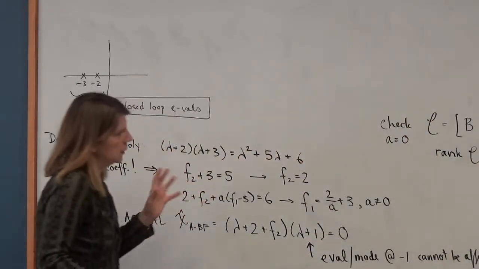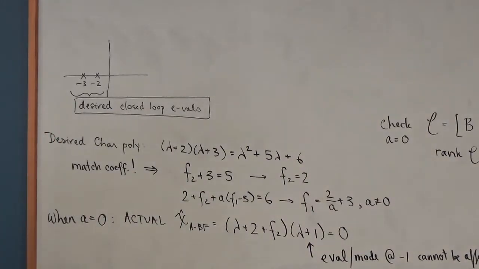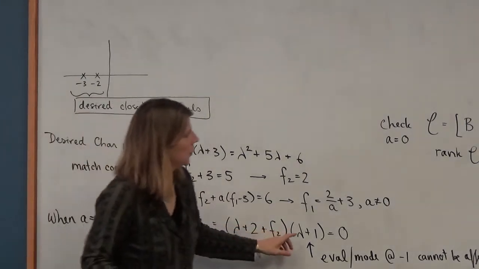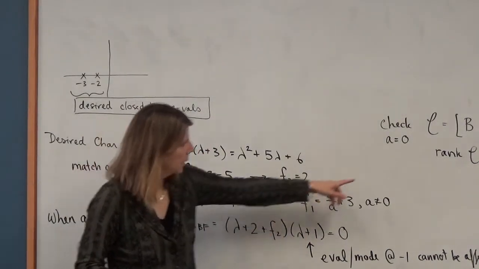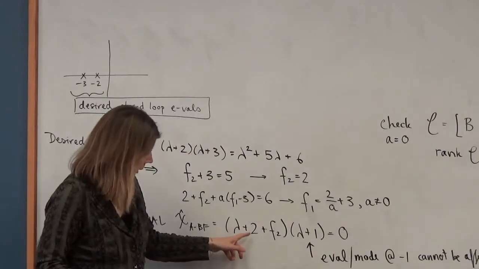So in fact, we can say a little bit more. The rank of the controllability matrix, when it loses rank, indicates a loss of controllability. And we see it directly in this example. Full rank would have been 2. When A is equal to 0, the rank of the controllability matrix is 1.